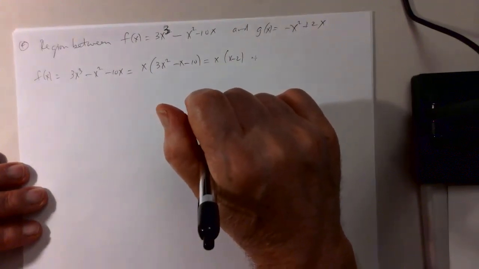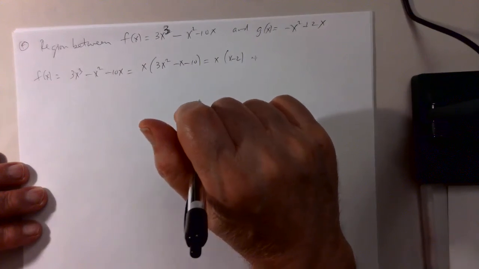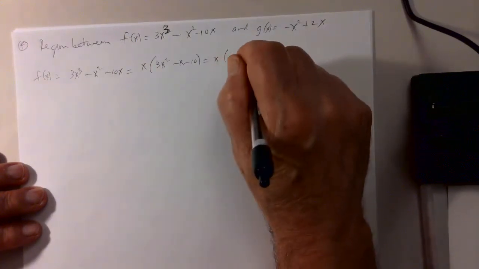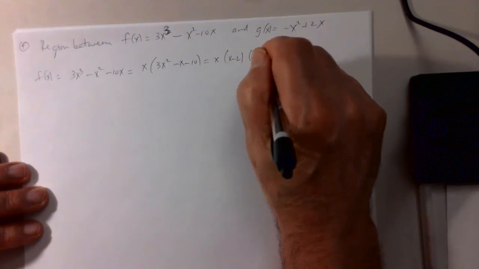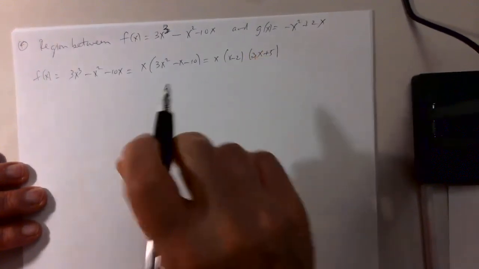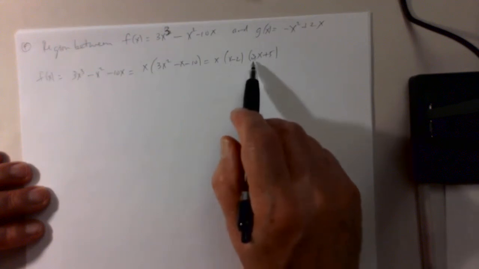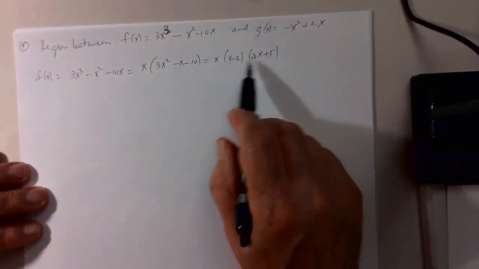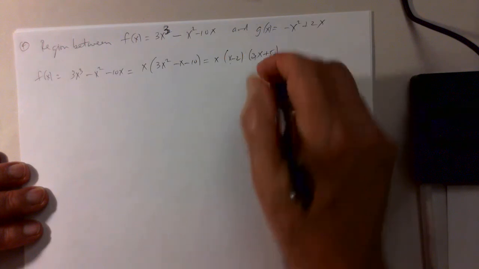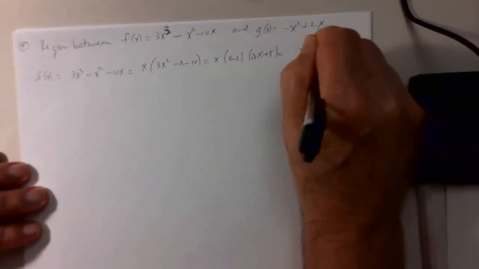And if I divide x minus 2 into that, what do I get? I should probably get 3x plus 5. Let's just check. If I multiply these two, I get 3x squared minus 6x plus 5x is minus x minus 10. So this is x times x minus 2.